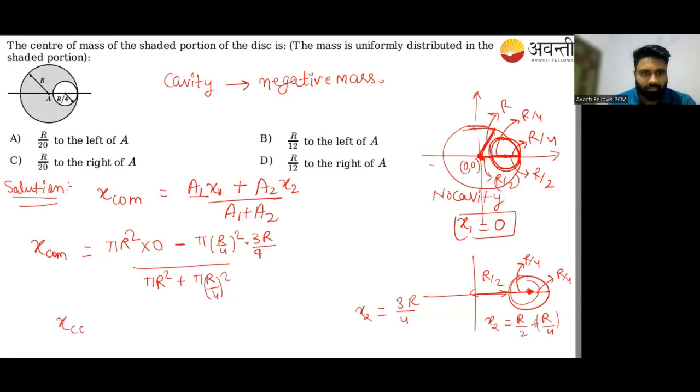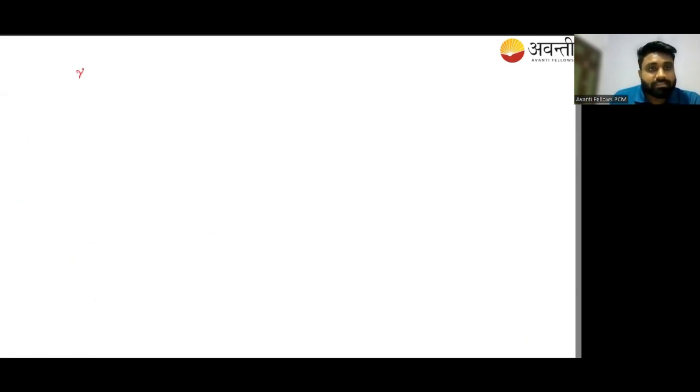Now x center of mass is minus pi, you can cancel out by taking common. So here you are with r square into divided by 16, or let me do it on the next page. So x center of mass here is minus (r by 4) whole square into 3r by 4, divided by r square plus (r by 4) whole square.